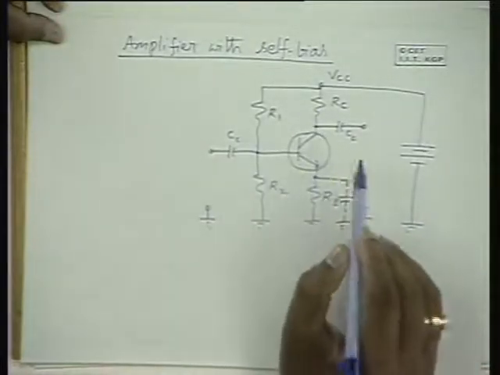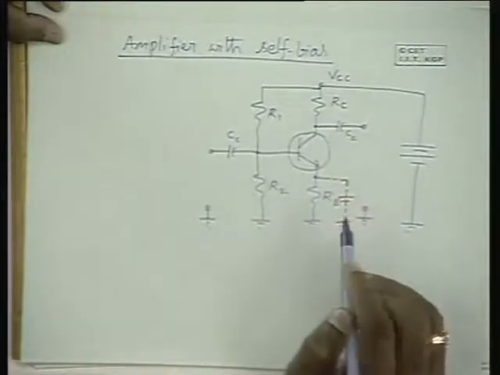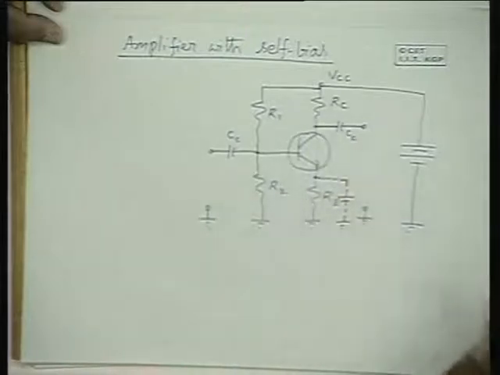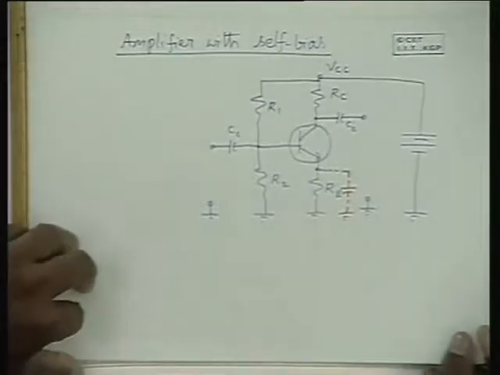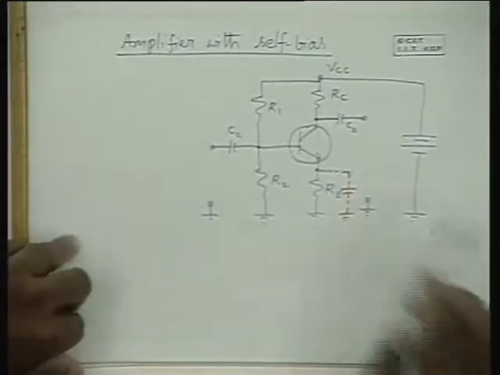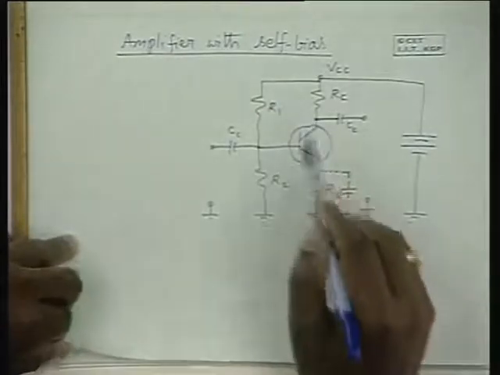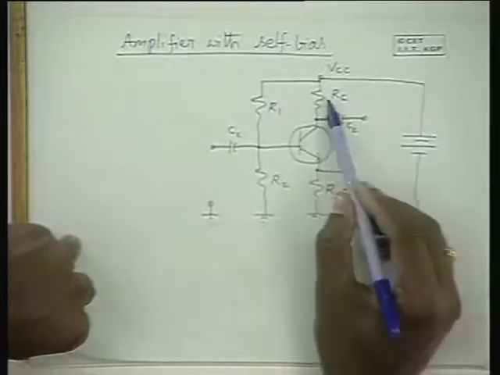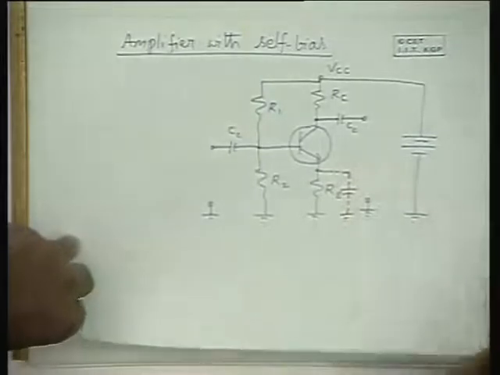So for that simple reason, the approximate expression for the voltage gain is minus RC by RE. If RC is 5 kilo ohms and RE is 1 kilo ohm, the voltage gain is 5, and if both are 1 kilo ohm, the voltage gain is 1 with a negative sign.